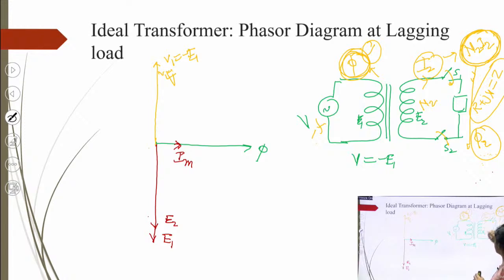So this is called the loading effect: when the load is connected to the transformer, I2 will start flowing. Due to this I2, the N2 I2 MMF will be produced, and it must be nullified by some other means, right? Because this N2 I2 will produce the flux phi 2.